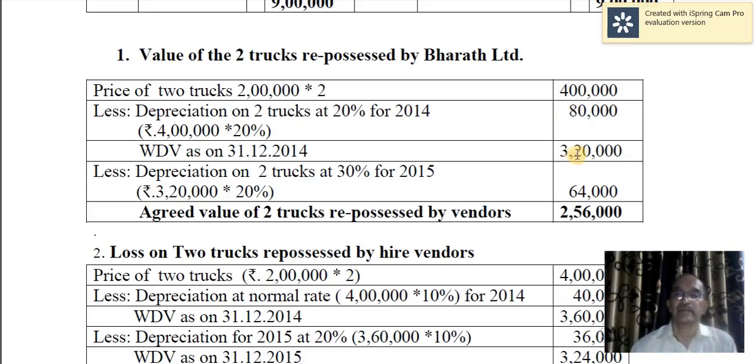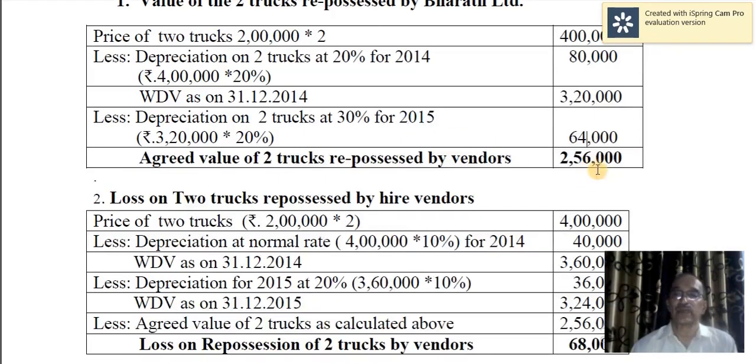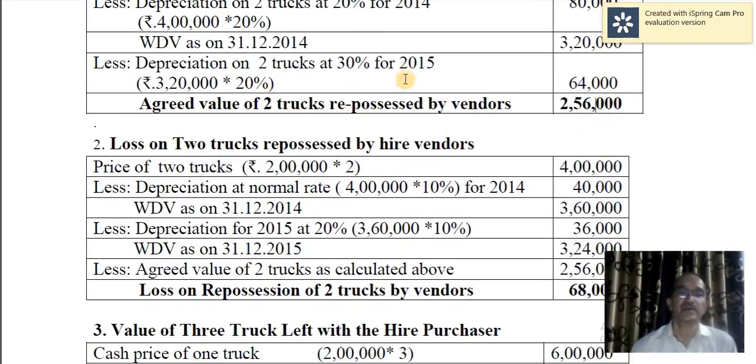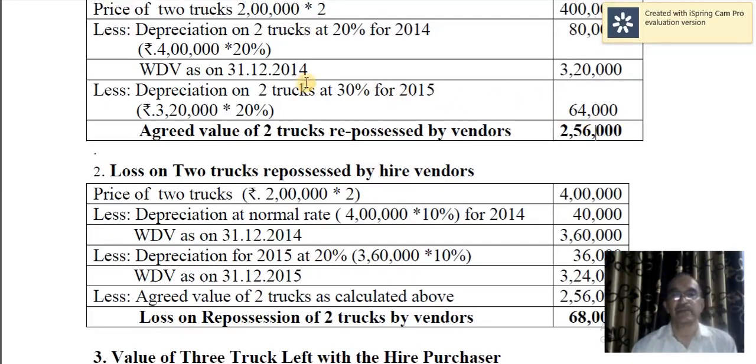Then written down value at the end of the year is 3,20,000. And second year depreciation here should be 20%, not 30%. So that comes to 64,000, so 2,56,000 is the value. This is the agreed value of 2 trucks repossessed at the rate of 20% depreciation.